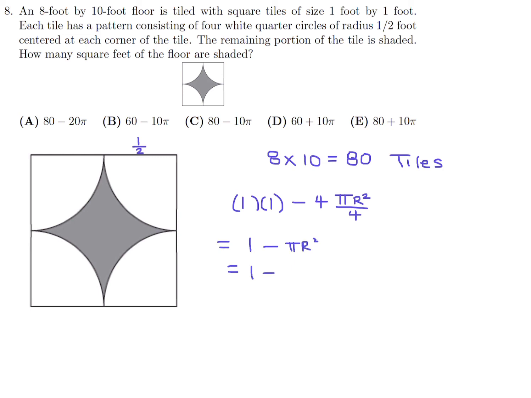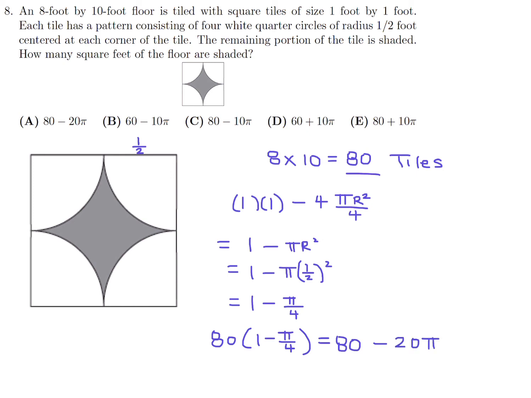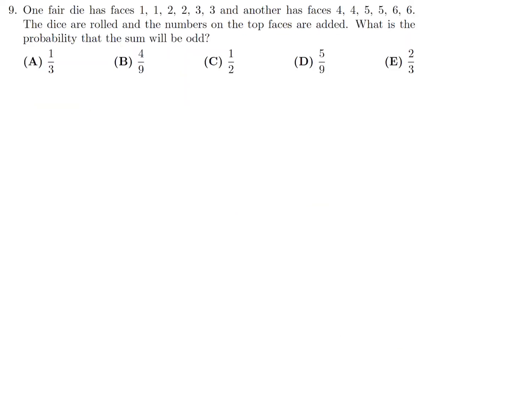And r is 1/2, the radius of each of those quarter circles. So this becomes 1 minus pi over 4. All right? So therefore, since there's 80 of them, the total shaded area will be 80 times that. So 80 times 1 minus pi over 4, and that's 80 minus 20 pi. And that's it. So number 8, the answer is A.